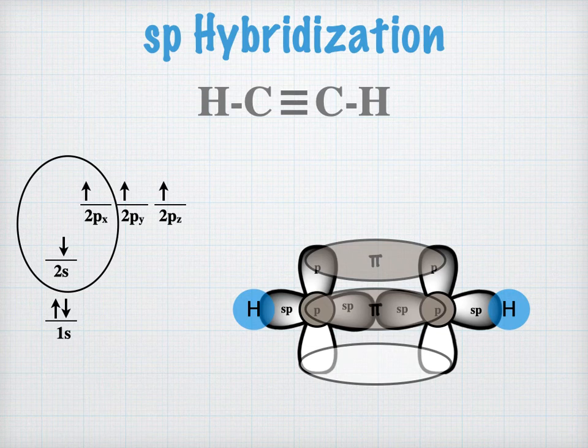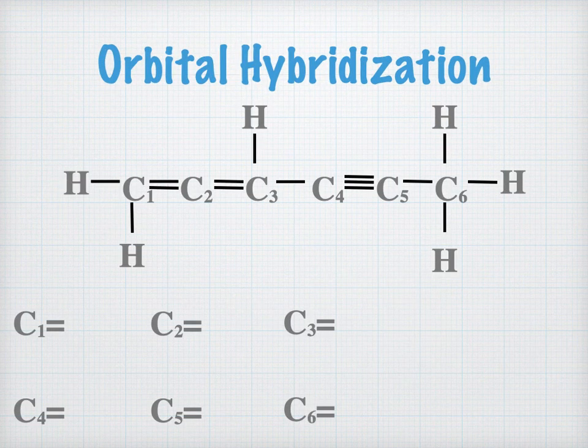Okay, so what does this look like in practice? Well, you should, as an initial stage of grappling with these concepts, be able to look at a compound like this, which is a fairly large organic molecule, and see if you can sort out the type of hybridization that's going on in each of these carbons.